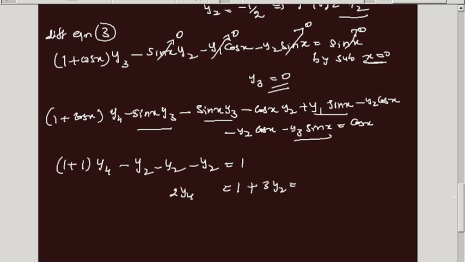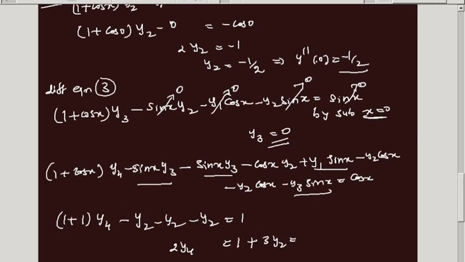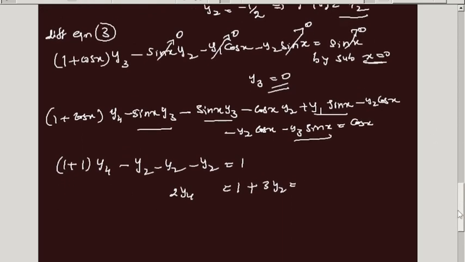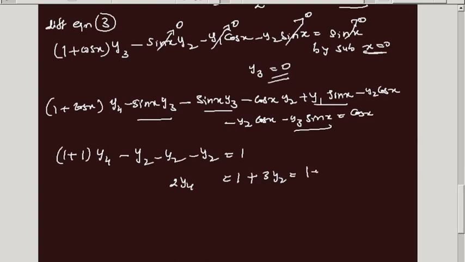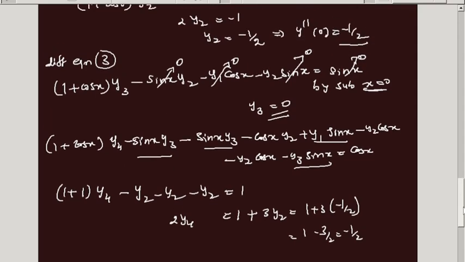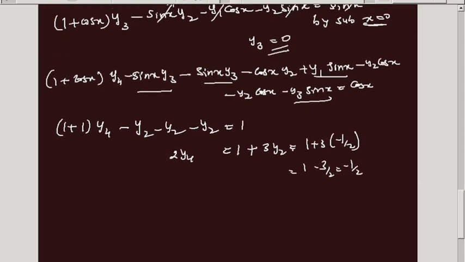What is y2? y double dash of 0 is 1 by 2. So 1 plus 3 times 1 by 2, we get 5 by 2. So this is our answer, 2 times y4 equals this, and y4 is 5 by 4.